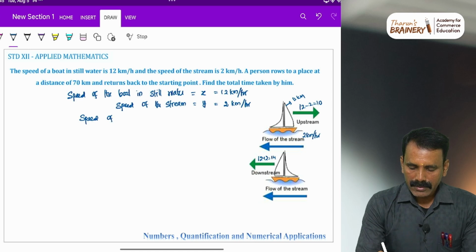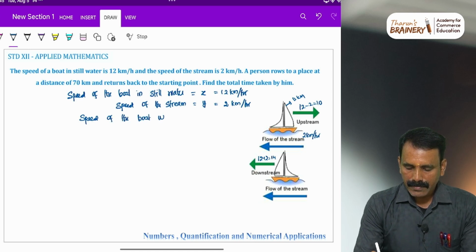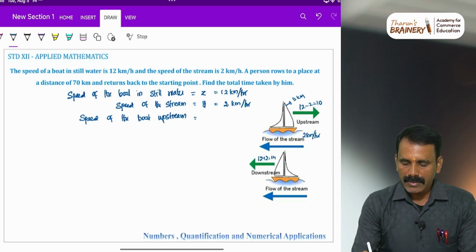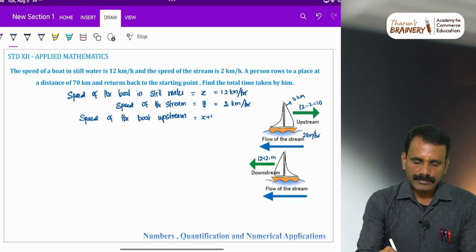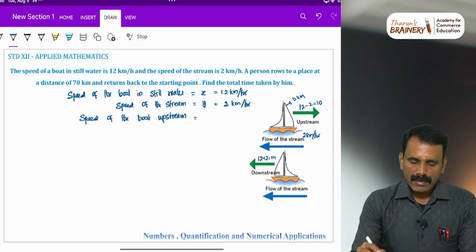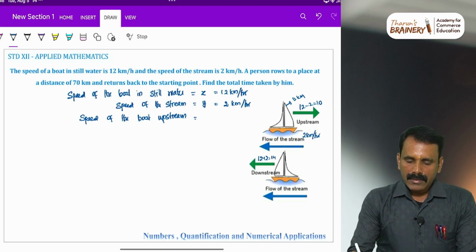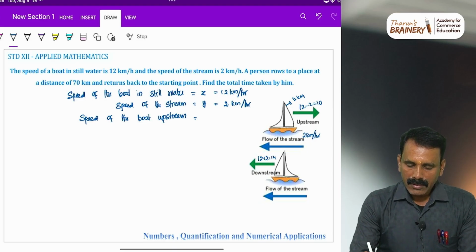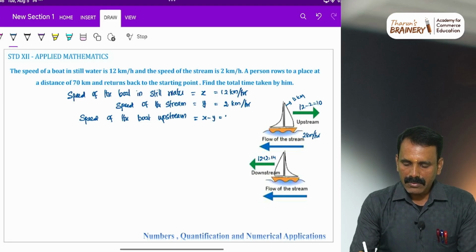Speed of the boat upstream, upstream rowing, so it is x minus y, that is equal to 12 minus 2, that is equal to 10.